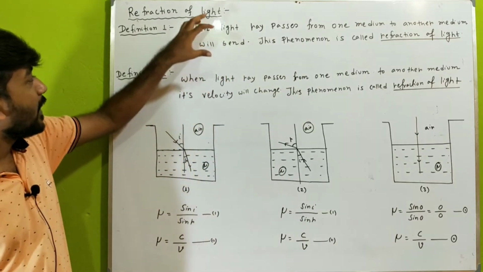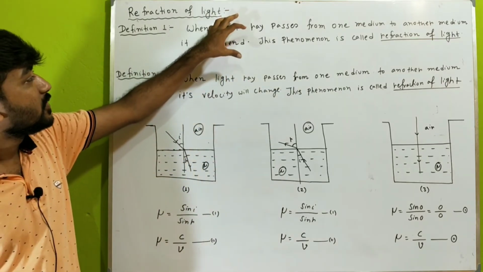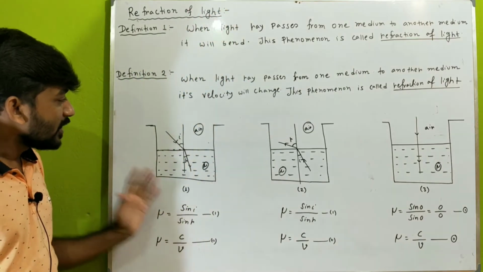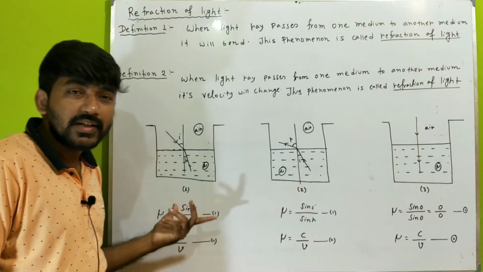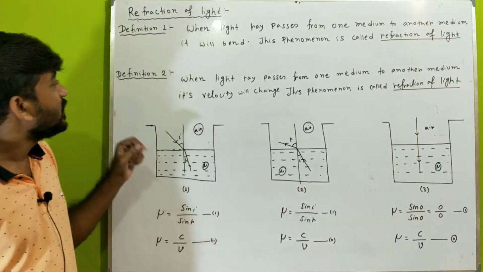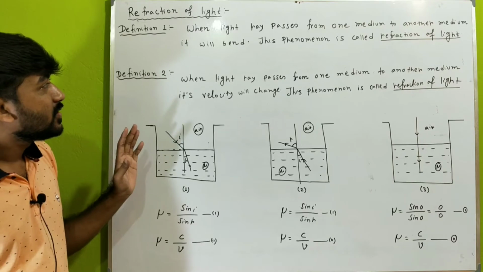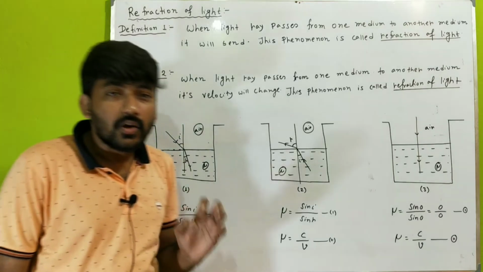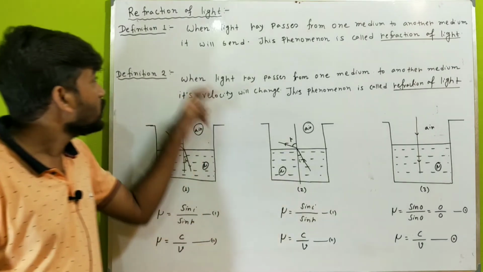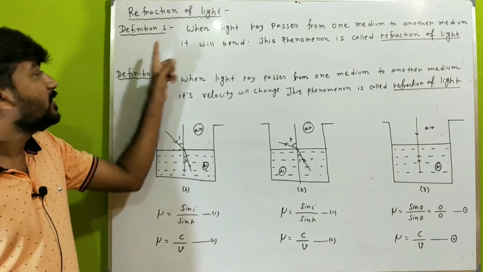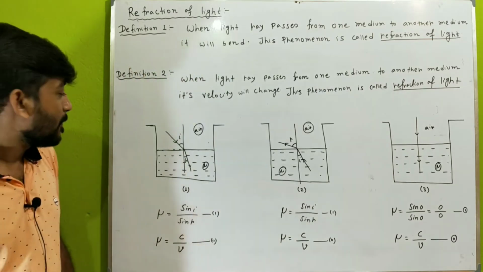And according to this definition, if we analyze the cases with the help of this diagram, then we can easily say that this definition is not appropriate, though most of the textbooks write this definition, I have seen.